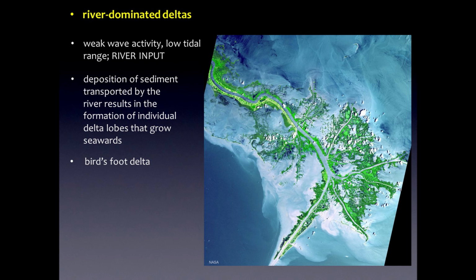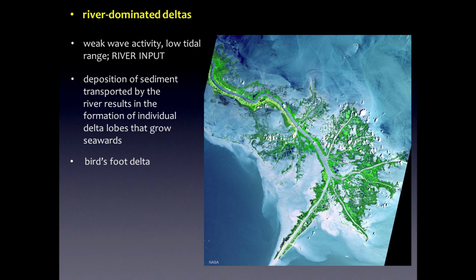So in a river-dominated delta, the influence of that river flowing into the water is so great that any wave activity, and we especially have to have an area where there's very low wave activity, where the strength of the waves isn't very great, an area where there's very low tidal range, this is completely dominated. We don't have waves reshaping the sediment, moving the sediment around. We don't have tidal activity moving the sediment around.